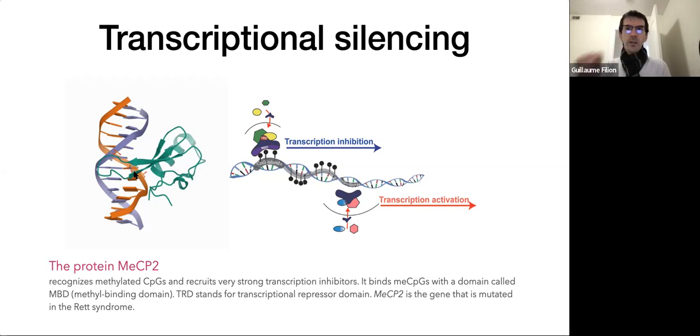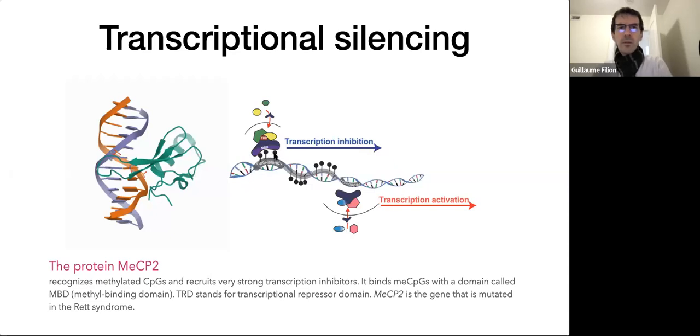And the loop here in green of the MBD domain of MECP2 really recognizes these two methyl groups there. And so that protein MECP2 has the capacity to directly interact and recognize every methylated CpG in the genome. And MECP2 itself, once it's bound, will bring other proteins that repress transcription.